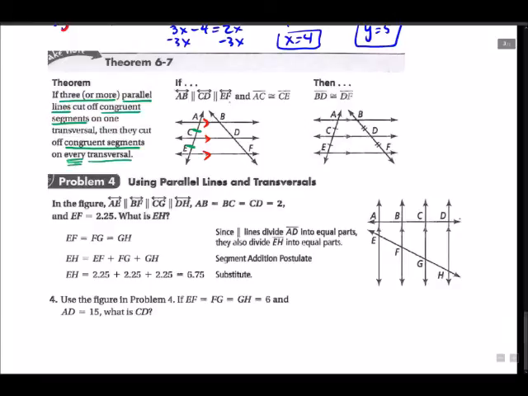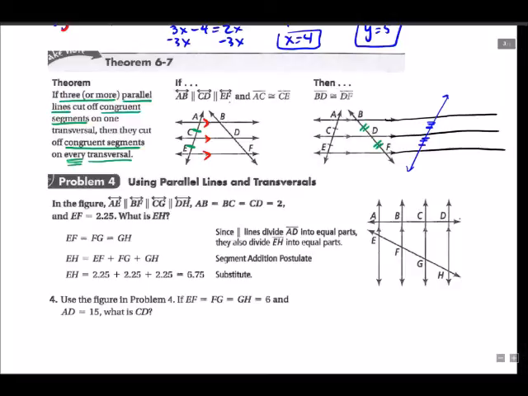So if I draw another transversal here, I know that those segments are congruent as well. And it doesn't matter how my lines are drawn. If I extend my parallel lines out here, I can draw a line through like this. Those are going to be congruent.